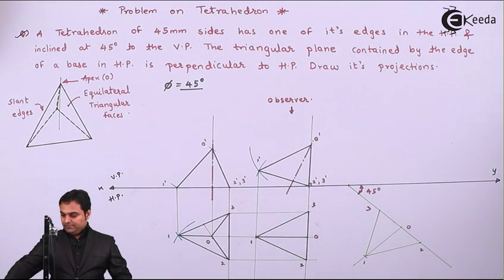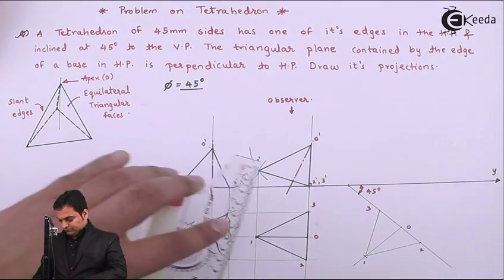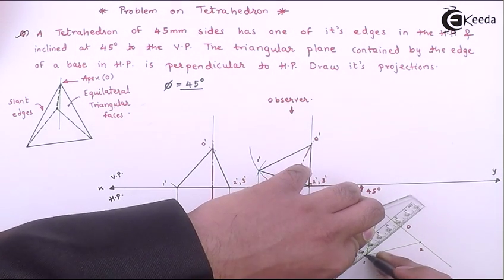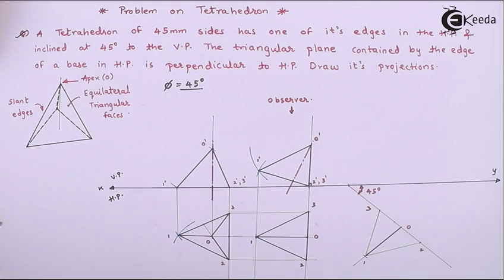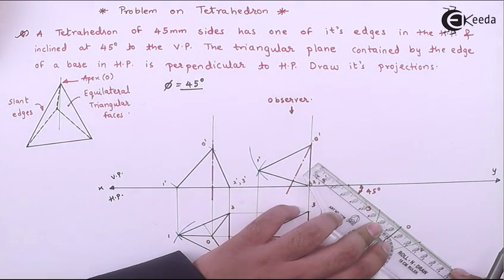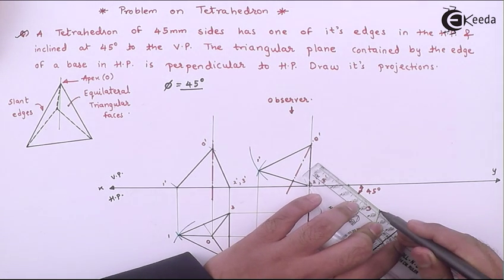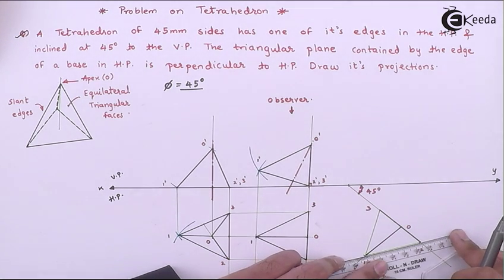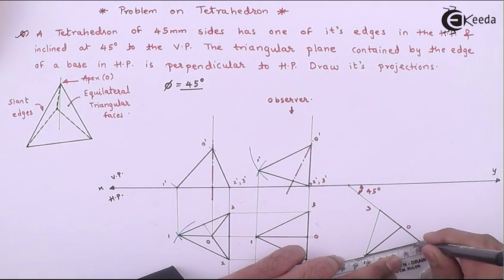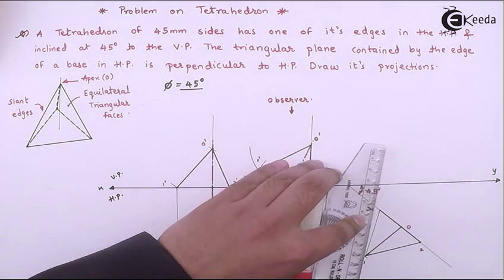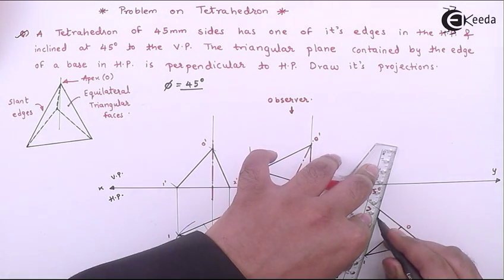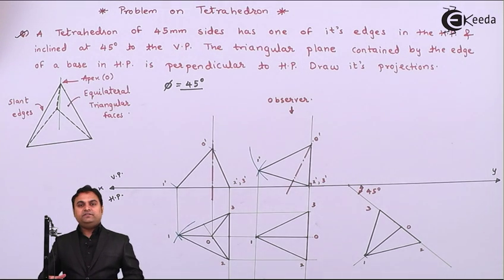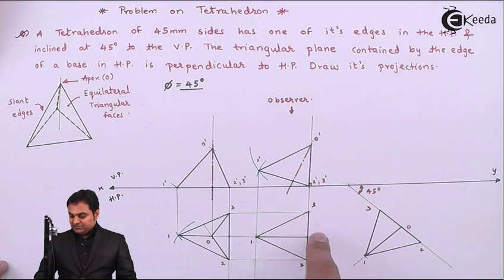Next, I'll make it dark. So this is the top view of this inclined tetrahedron, which is inclined on its edge 2 to 3.